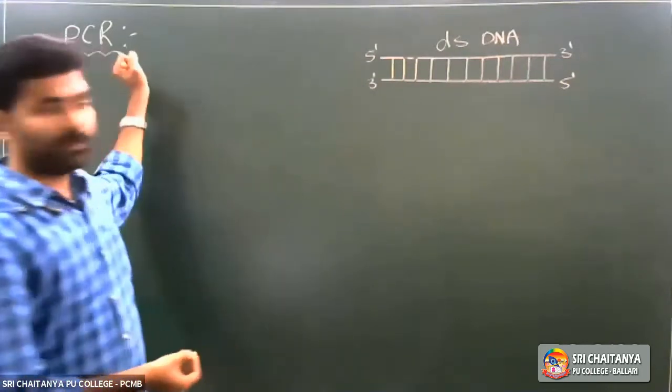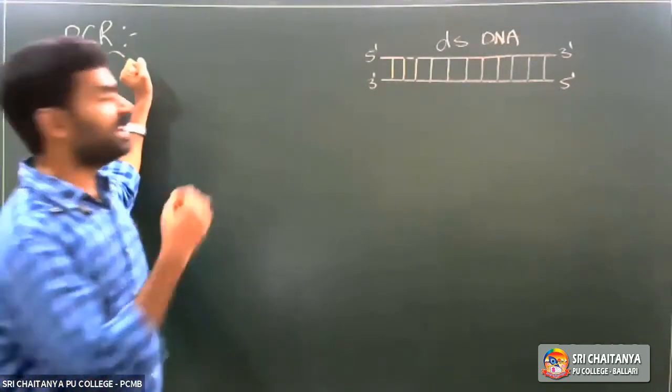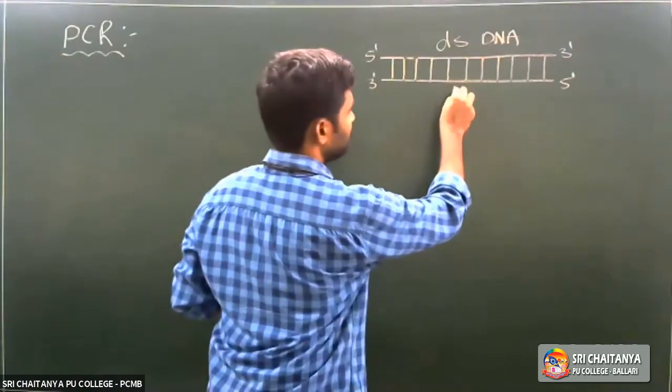So the first step in the PCR technique is denaturation. What is denaturation? Write down the definition. First step, first side heading, denaturation.